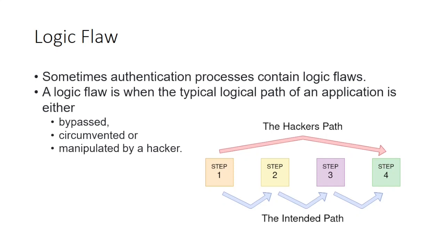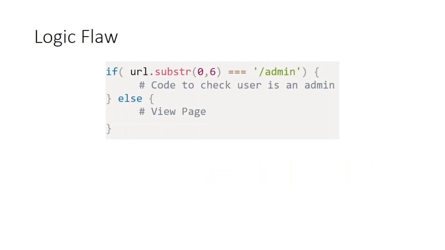Logic flows can exist in any area of a website, but we are going to concentrate on examples relating to authentication in this instance because we are talking about authentication bypassing. So let's see an example.